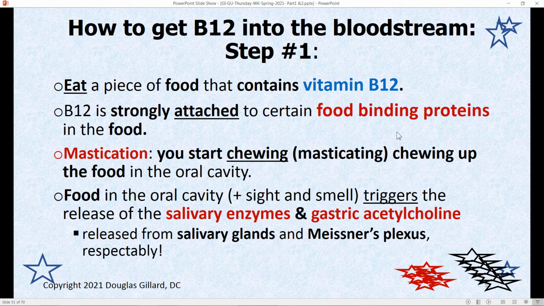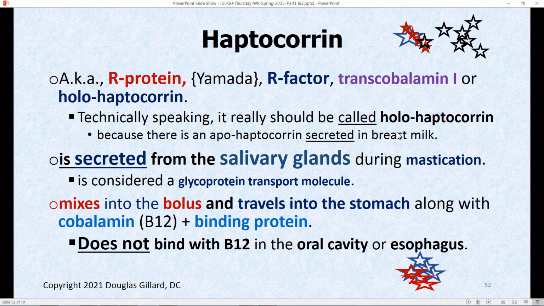So that's one point. The food in the oral cavity also stimulates saliva. We know that. But there's also a protein that's produced by the salivary glands, and that's a very important one called haptocorrin. Haptocorrin has some AKAs: the R protein, the R factor, transcobalamin 1.